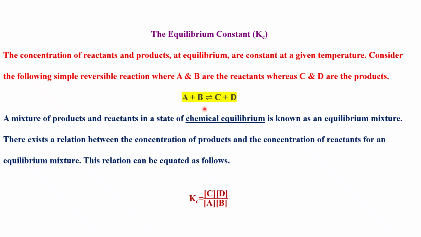The equilibrium constant Kc is the concentration of the products divided by the reactants. So Kc equals concentration of C times concentration of D divided by concentration of A times concentration of B. Kc is known as the equilibrium constant.